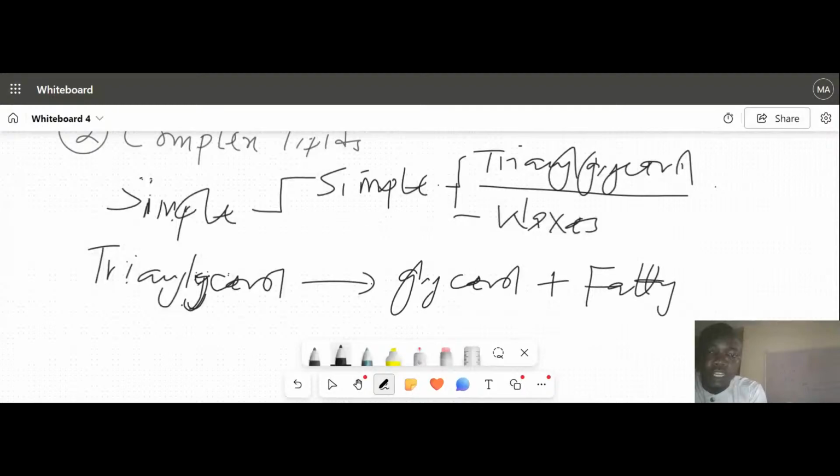So whenever you ask about triacylglycerol, the first thing that should come into your mind is that it is made up of these two components, glycerol plus fatty acids.